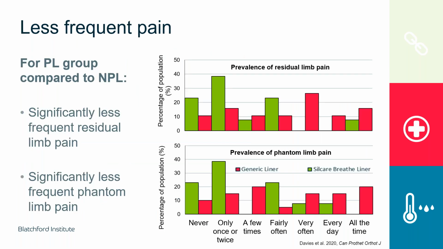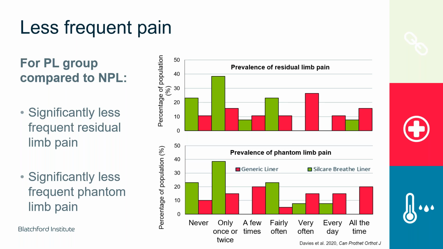The same study also investigated pain, both physical and phantom. The graphs show how often individuals experienced each type of pain over the period of 1 month. The x-axis is the frequency, and the y-axis is the percentage of the population that selected each category. The frequency ranged from never to every day or all the time, so a skew to the left is better.